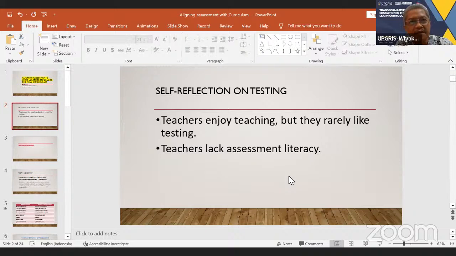So we cannot say that I am a specialist in teaching, but I'm not a specialist in testing, because they are integrated one to another.